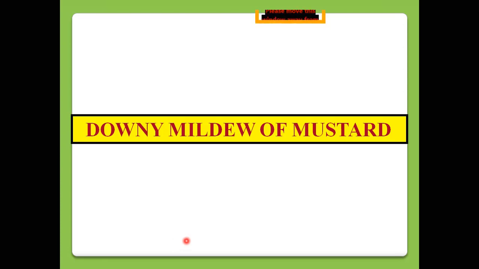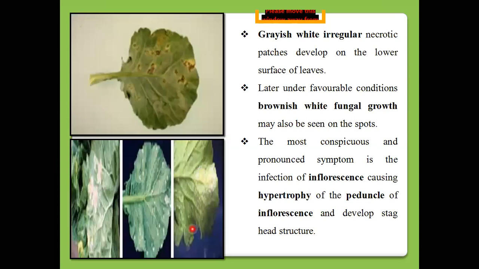In the case of mustard, the basic symptom is yellow chlorotic spots seen on the leaf, and on the corresponding lower side of the leaf, whitish profuse growth is seen.